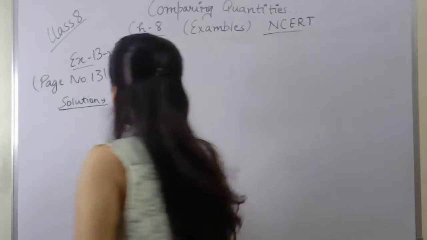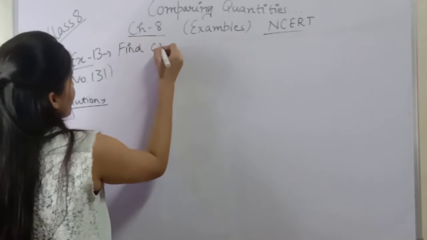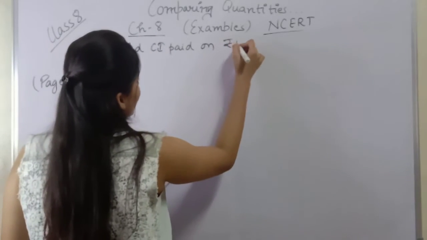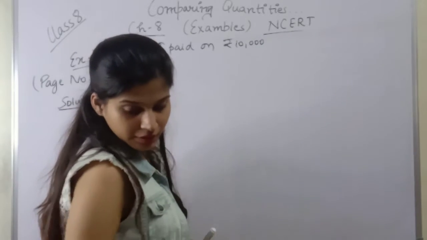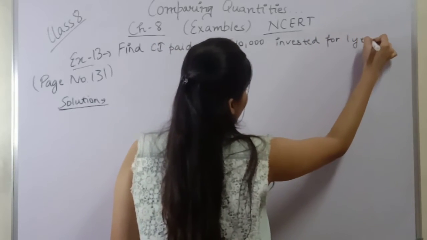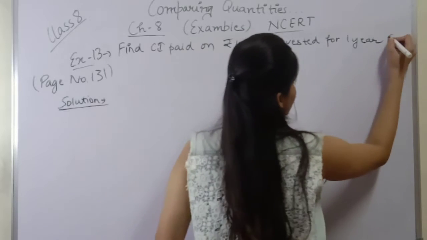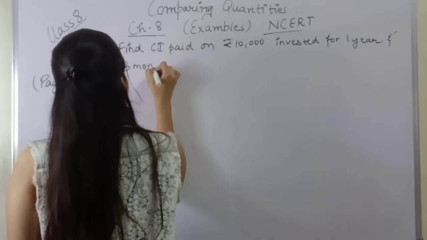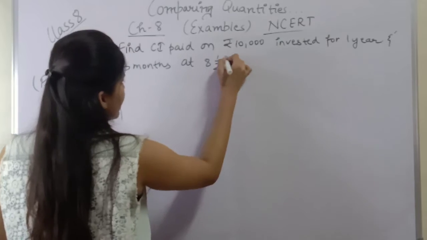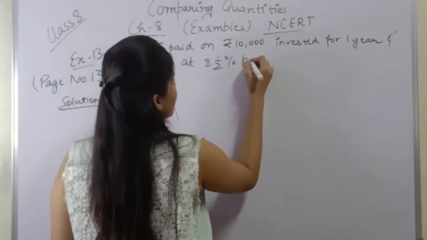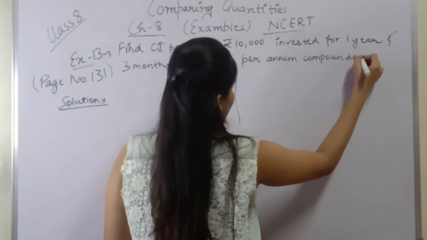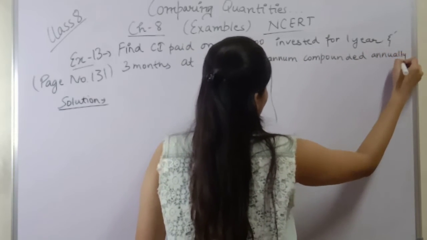The example is: find the compound interest paid on rupees 10,000 invested for 1 year and 3 months at 8.5% per annum compounded annually.